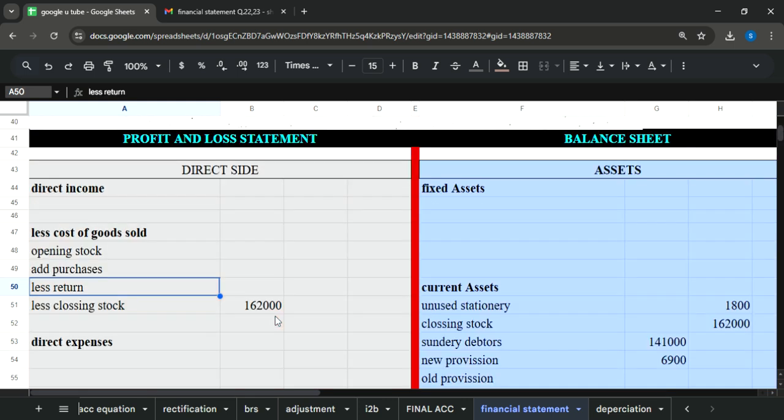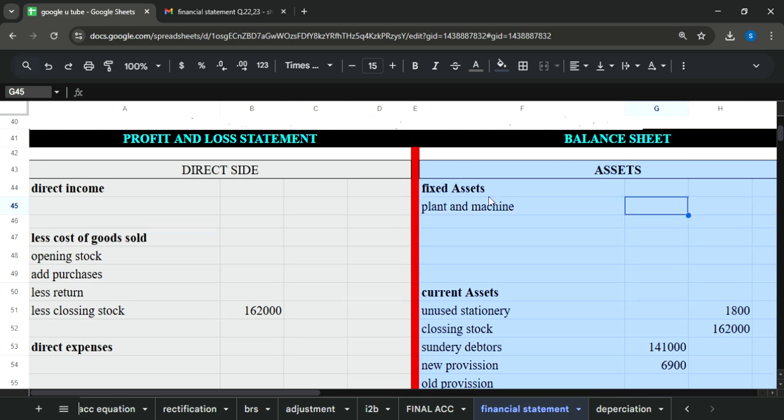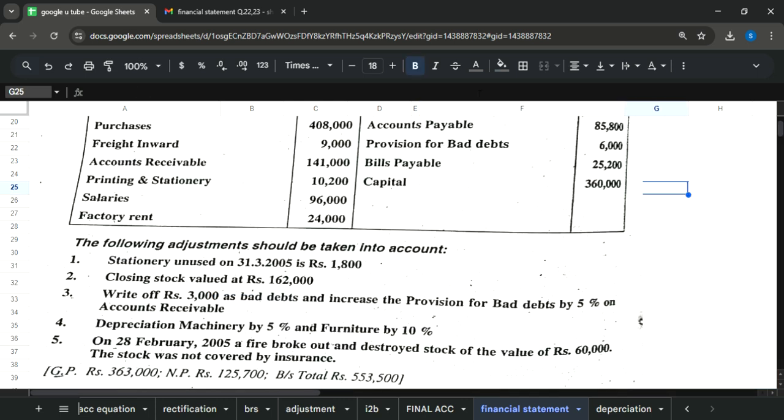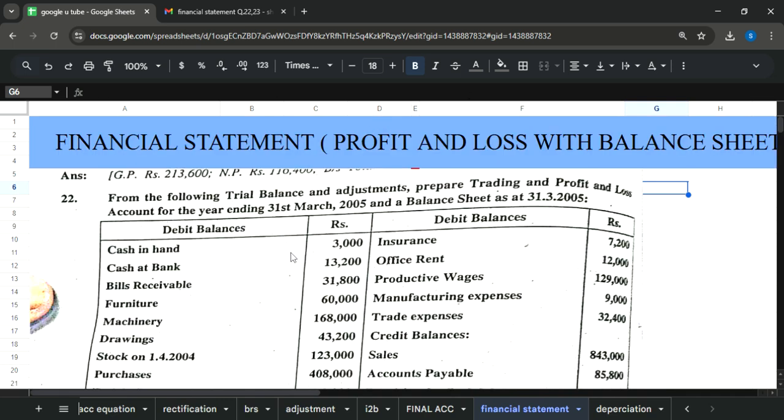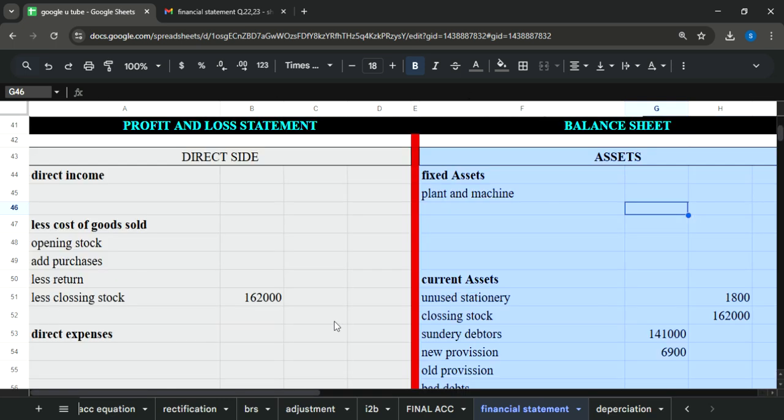We'll go to the fixed asset side and here you will mention plant and machine, the amount of which was 168,000. Look, machinery 168,000. And secondly, you will subtract depreciation, but I just realized that it's not plant and machinery, it's just machine.